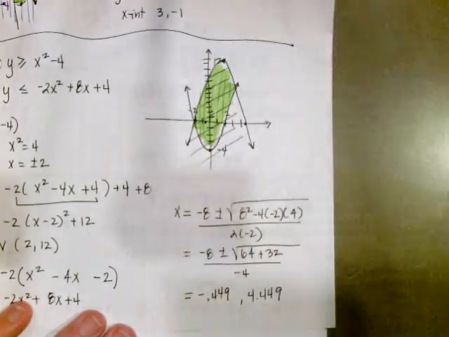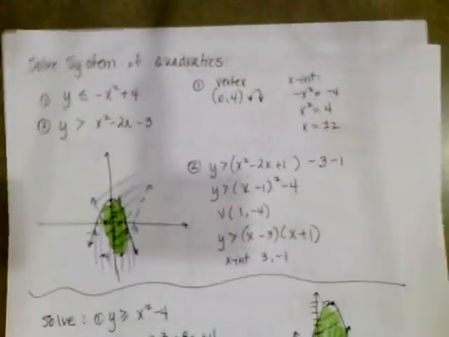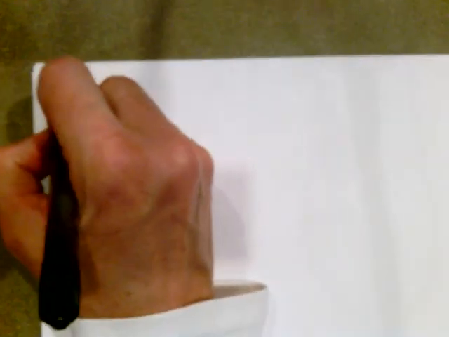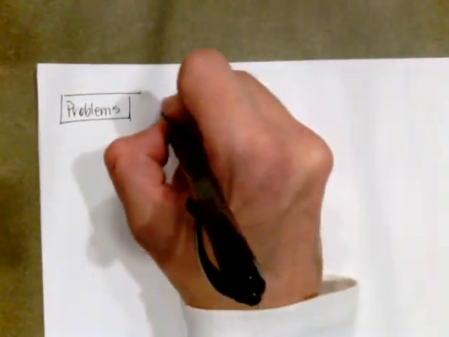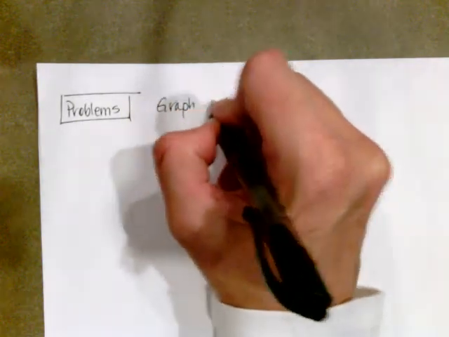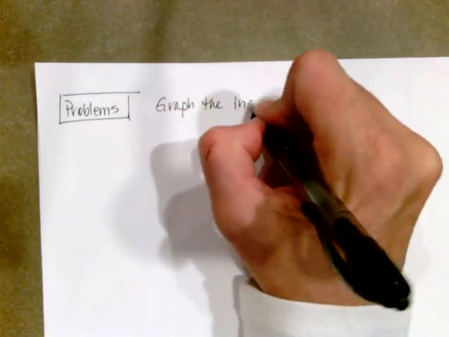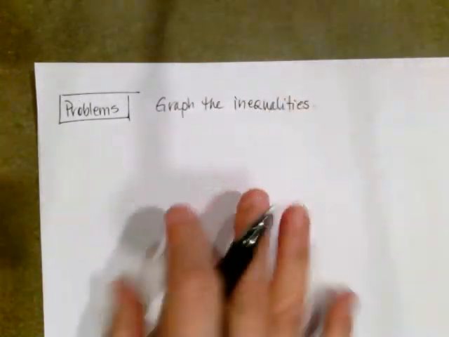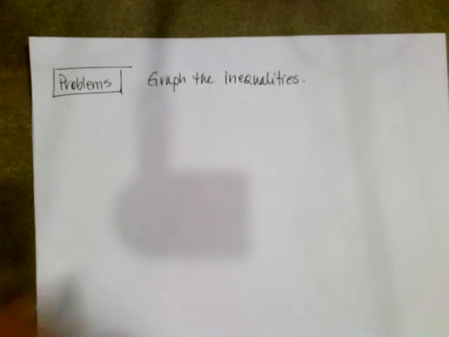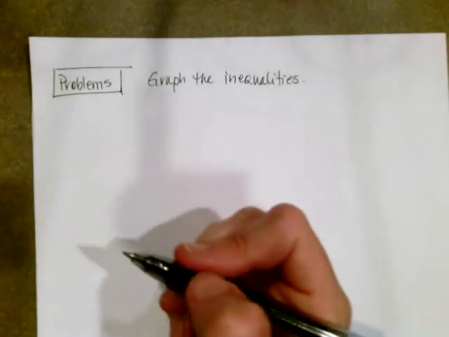All right, so that's the end of your notes. So let me give you the problems that you're going to do. Okay. All right, so here are your problems. I want you to graph the inequalities. So you need to make sure that you do your shading and do everything that we've been doing in all of our previous examples.